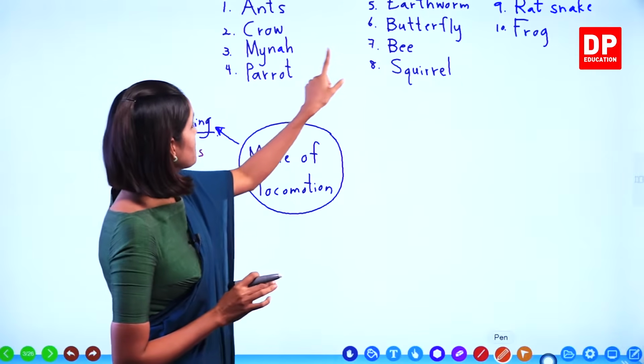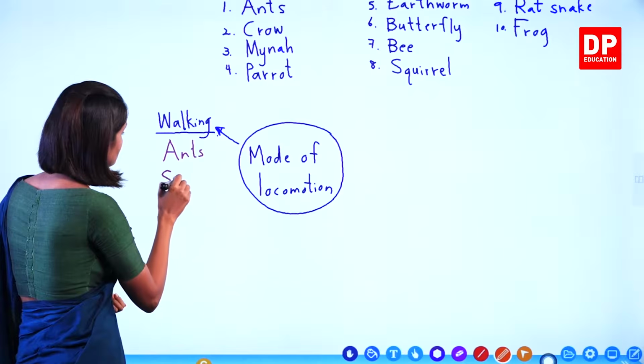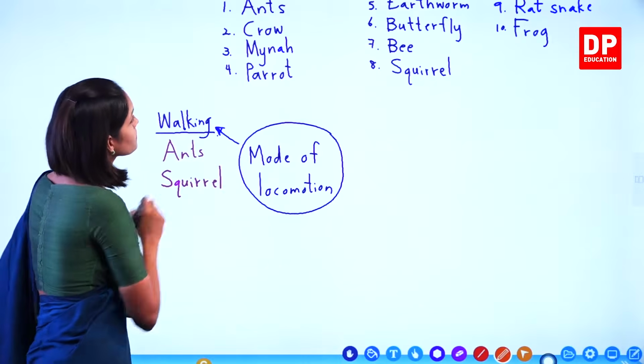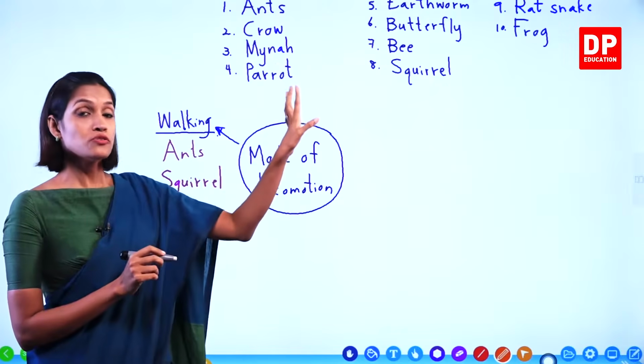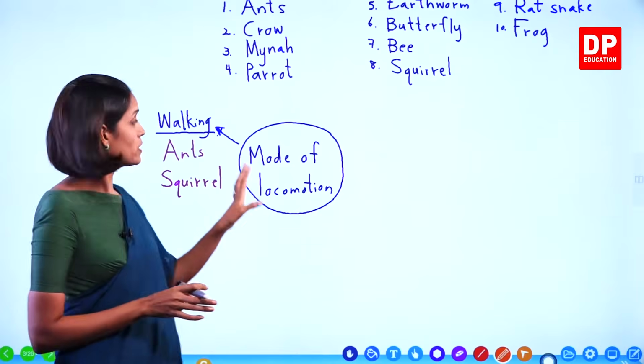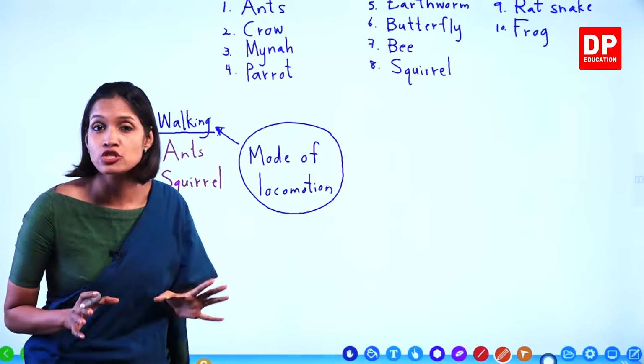So ants and squirrel, we can take squirrel. They have legs. Squirrel. And frog. Frogs can hop from one place to another place using their legs. So when it comes to walking, we consider the animals that use their legs to locomote.